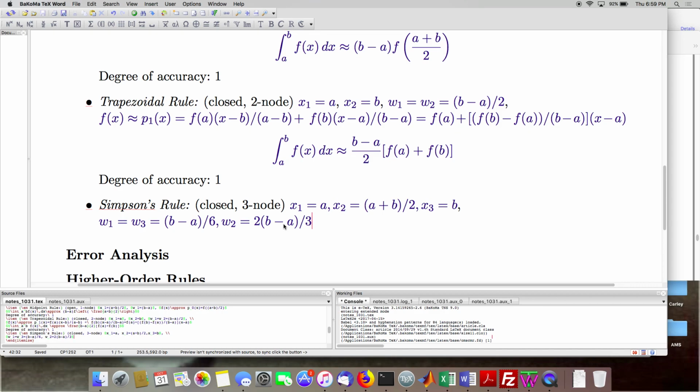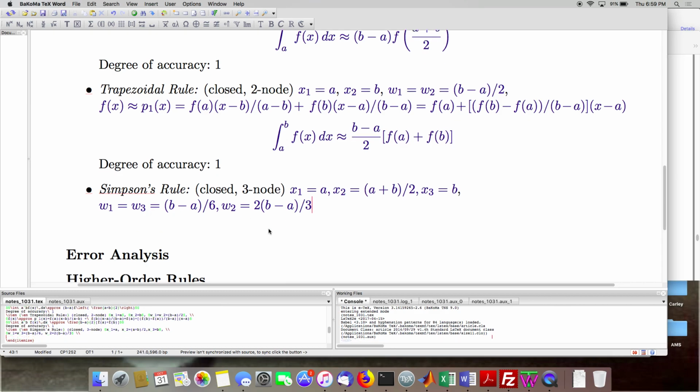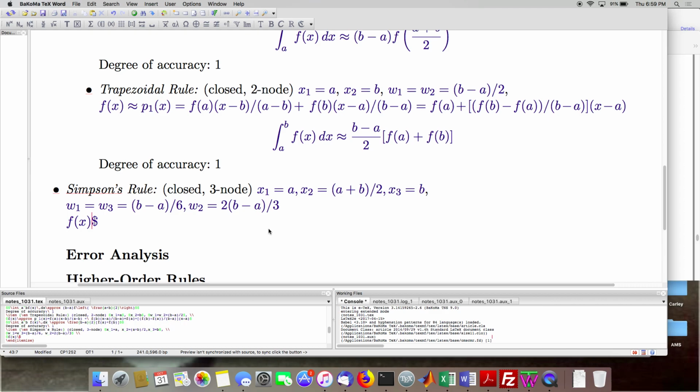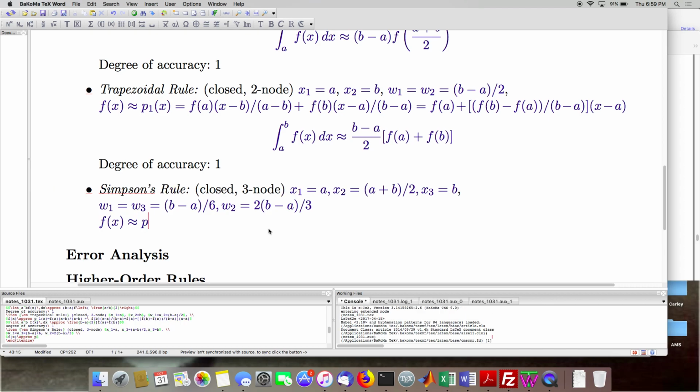In other words, the midpoint is getting 4 times the weight of the other 2 nodes. But that's what works. So what's happening here is f is approximated by a quadratic polynomial that interpolates f at these nodes, a, b, and a midpoint.